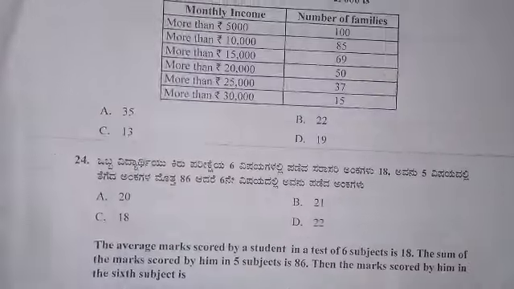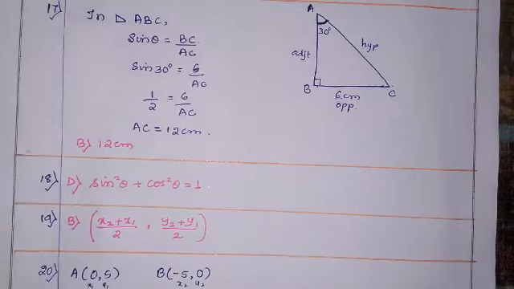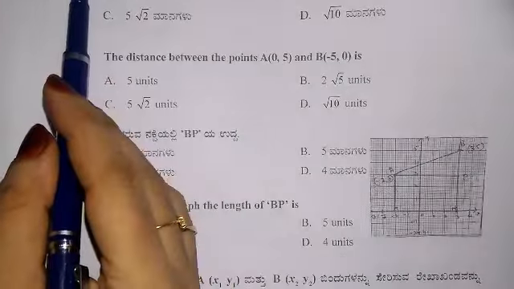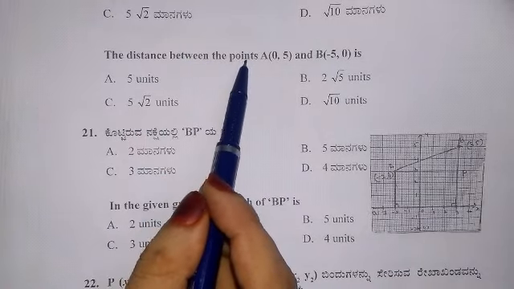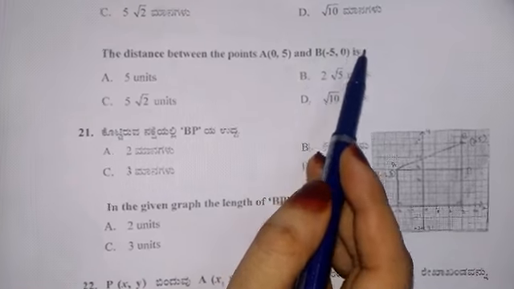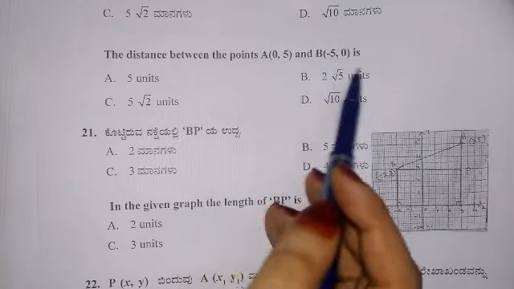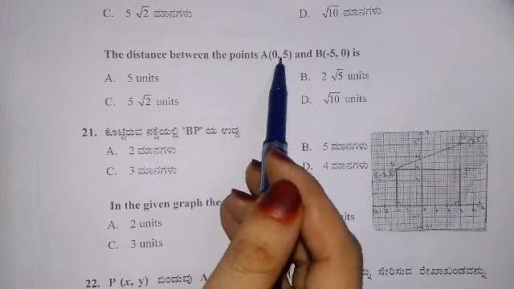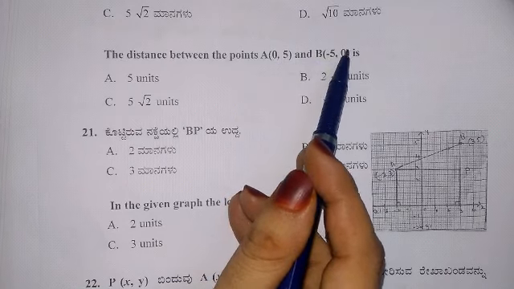Let us see the next one; till 20 I'll do here now. The 28th question: the distance between the points A(0, 5) and B(-5, 0) is. So here the points are A(0, 5) and B(-5, 0), use the distance formula.